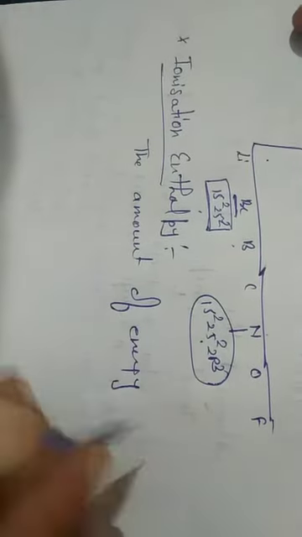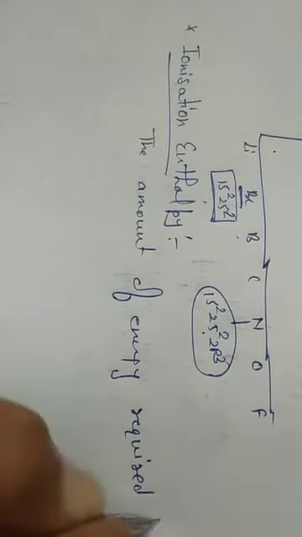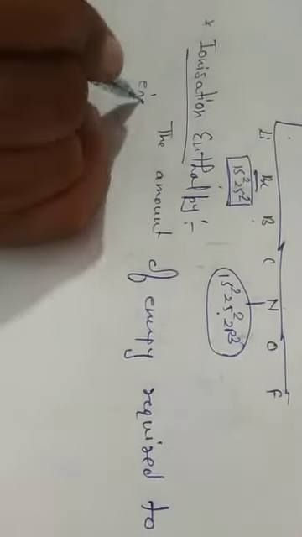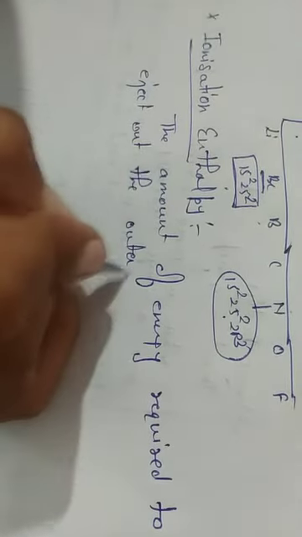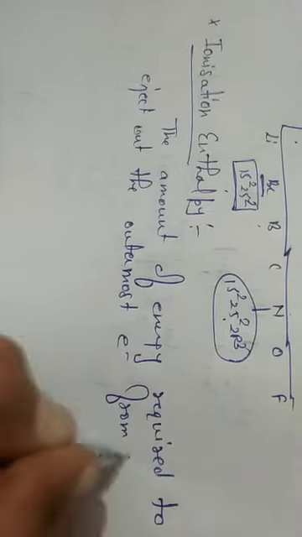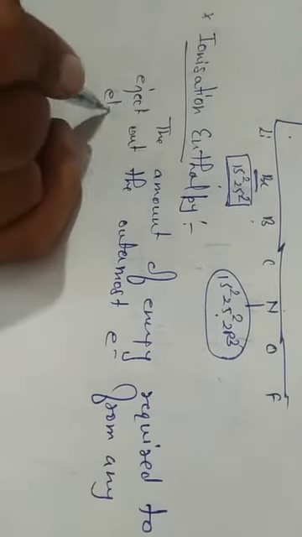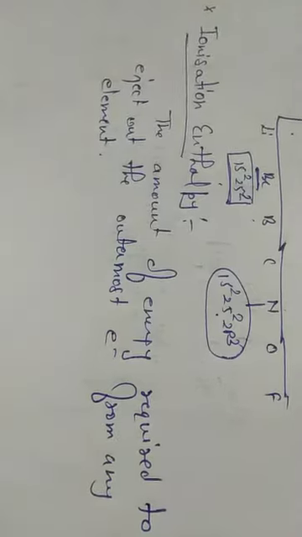First we will go for the definition. Ionization enthalpy is the amount of energy required to eject out the outermost electron from any element. That becomes the ionization energy for that particular element.